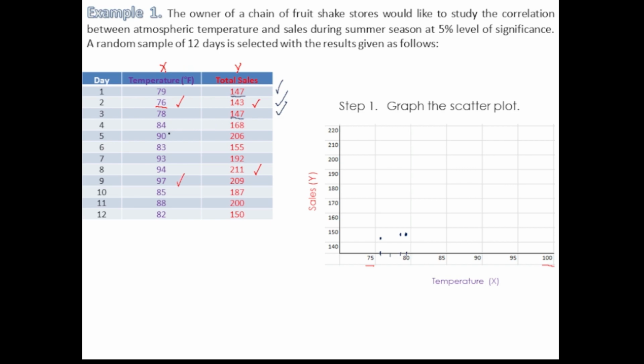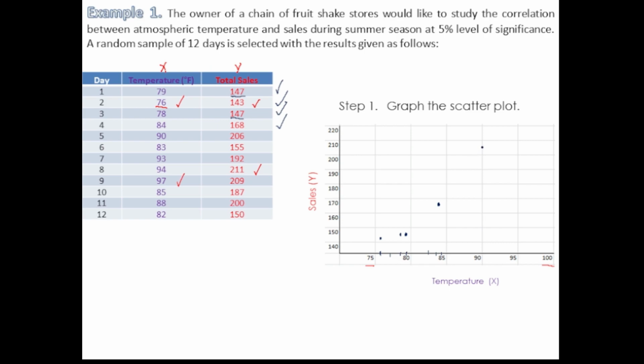Next, pang-apat, 84 tapos 168. 84 papunta na sa 85, at tapos 168, okay, baka nandito siya. Tansyahan lang po ito. Next, yung panglimang ordered pair, 90 tapos 206. 90, ito hindi na tatansyahin kasi sakto. 90 tapos 206. Okay, ito yung 205.